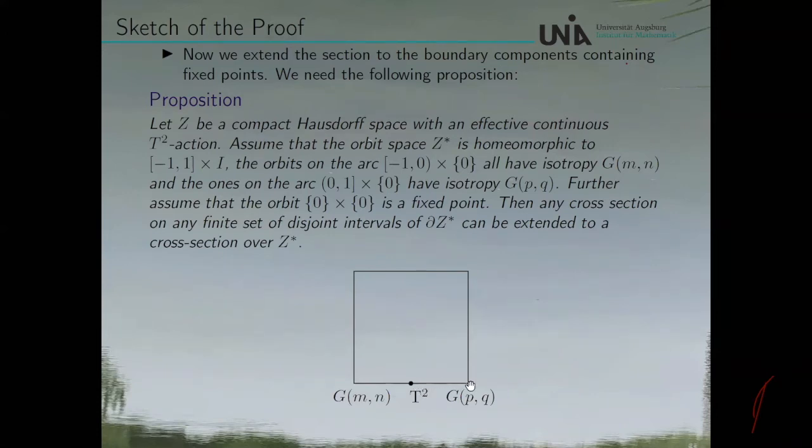The points to the right correspond to isotropy group GPQ, and the rest are principal orbits. If I have such an orbit space for my action, then given a section on any part of the boundary, I can extend it.